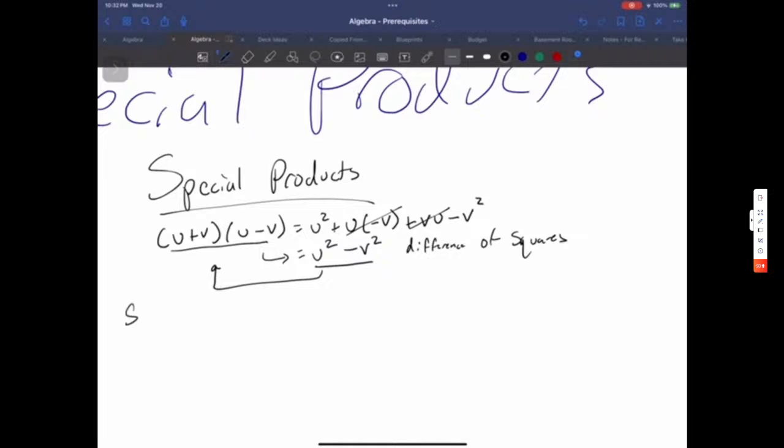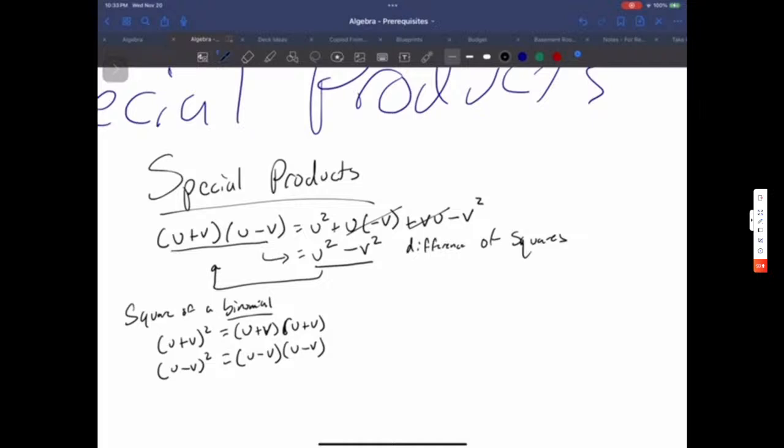It says square of a binomial. Binomial is another term for first degree polynomial because there's two terms. So you have u plus v squared and u minus v squared. That's the same thing as u plus v times u plus v, or u minus v times u minus v.